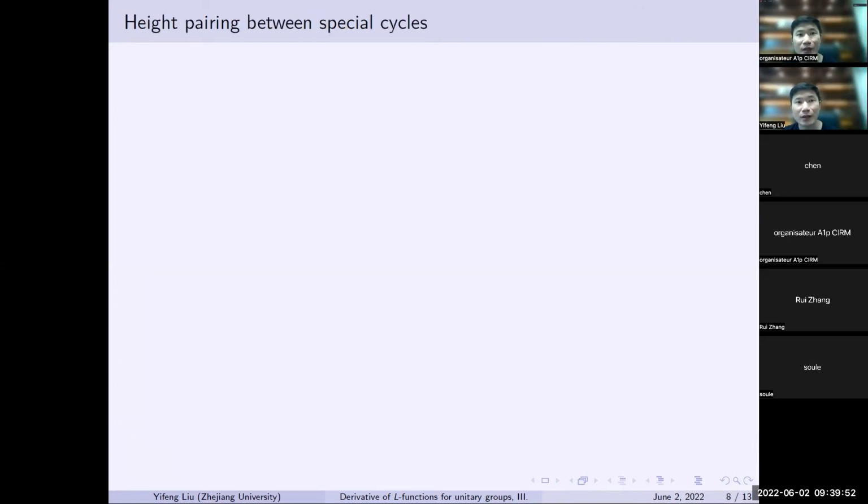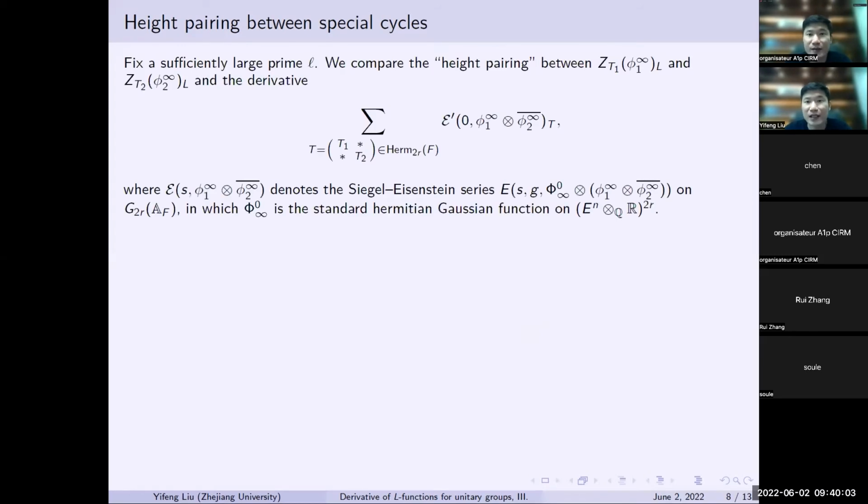Okay. So now, in the remaining time, we will explain the strategy of the proof. Just a very, very rough strategy or some idea.